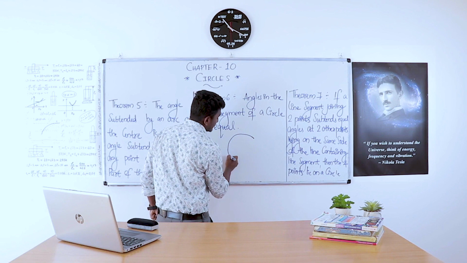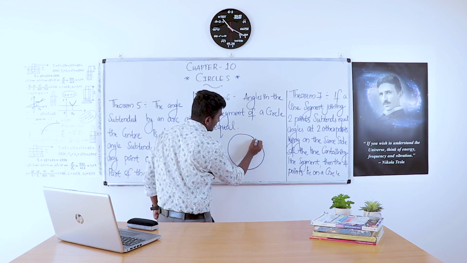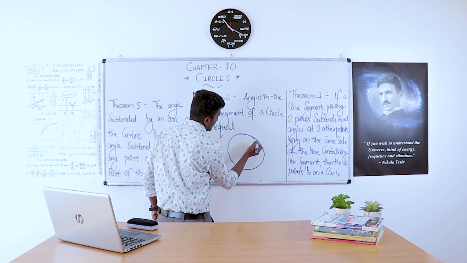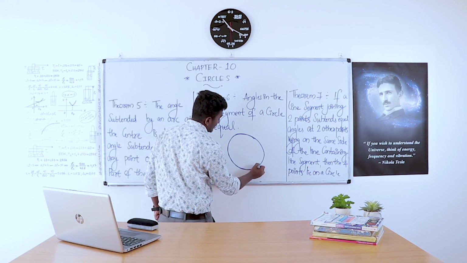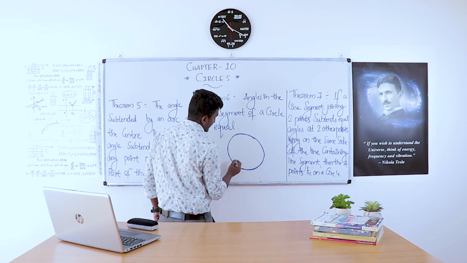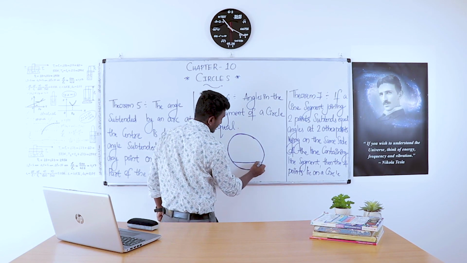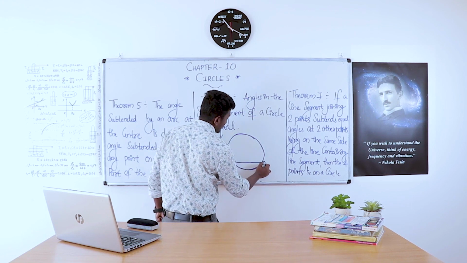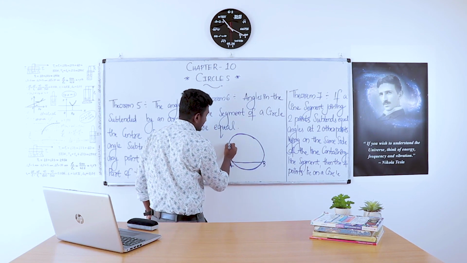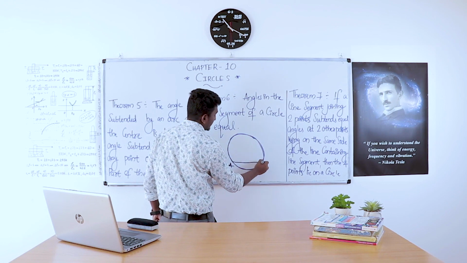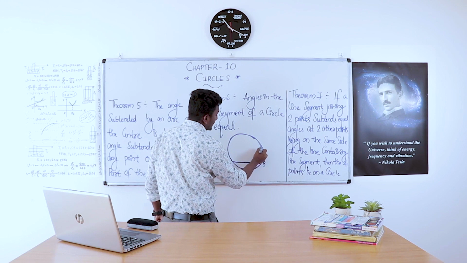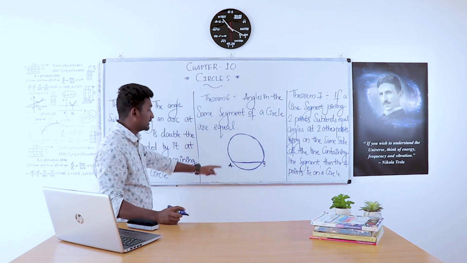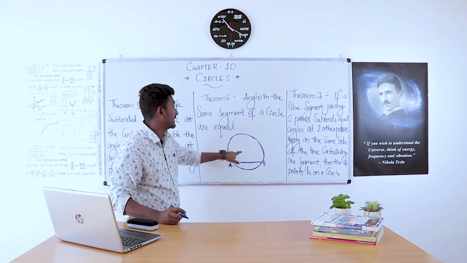Again, considering a circle, and consider a segment. This is a chord AB and consider this segment. This is the segment formed by major arc AB and the chord AB, which forms the major segment.